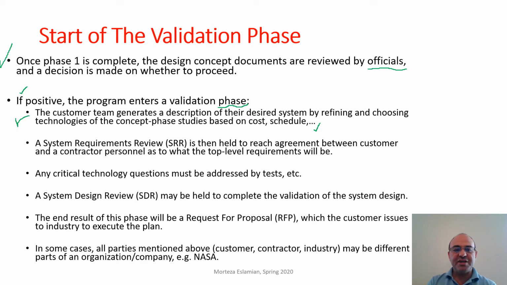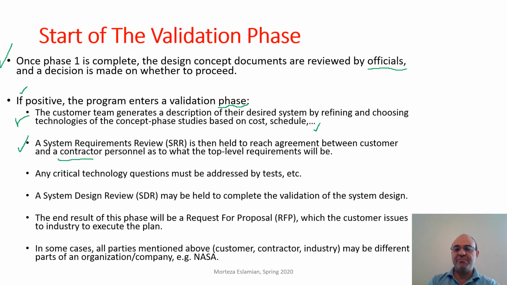So a system requirement review, SRR, in terms of the entire spacecraft, is then held to reach agreement between the customer and the contractor personnel on what the top level requirements will be.